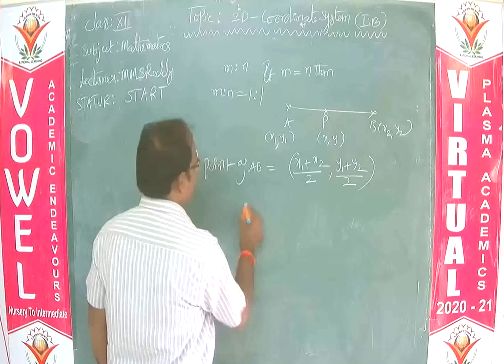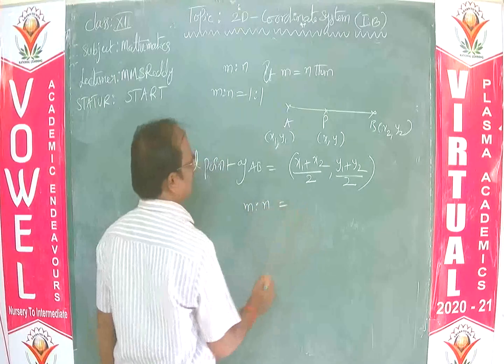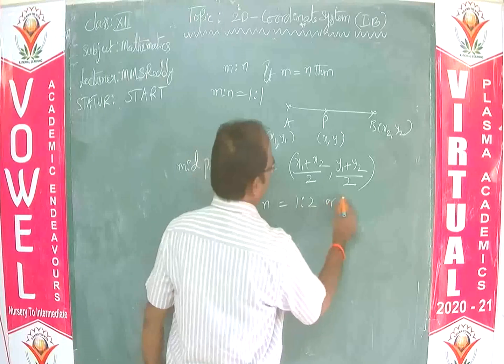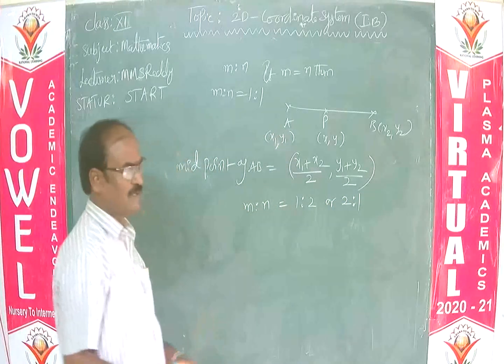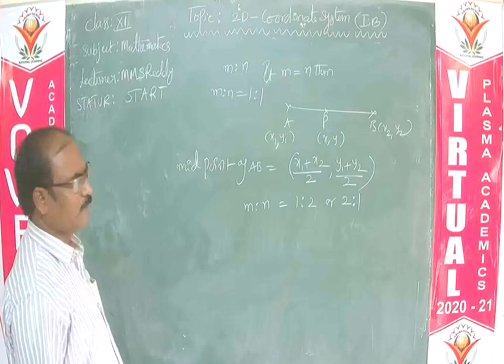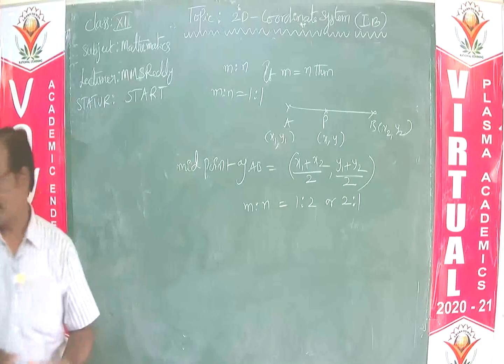If m is to n is equal to either 1 is to 2 or 2 is to 1, then the point is said to be a point of trisection.